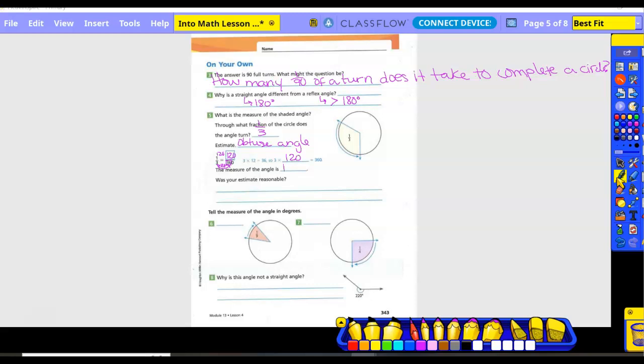So the measure of the angle is 120 degrees. So was our answer reasonable? Yes or no? Yes, because 120 degrees is an obtuse angle.